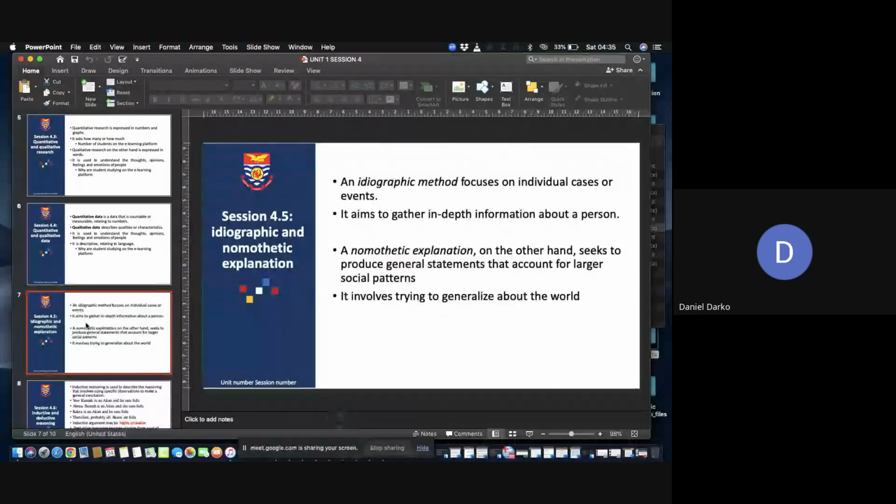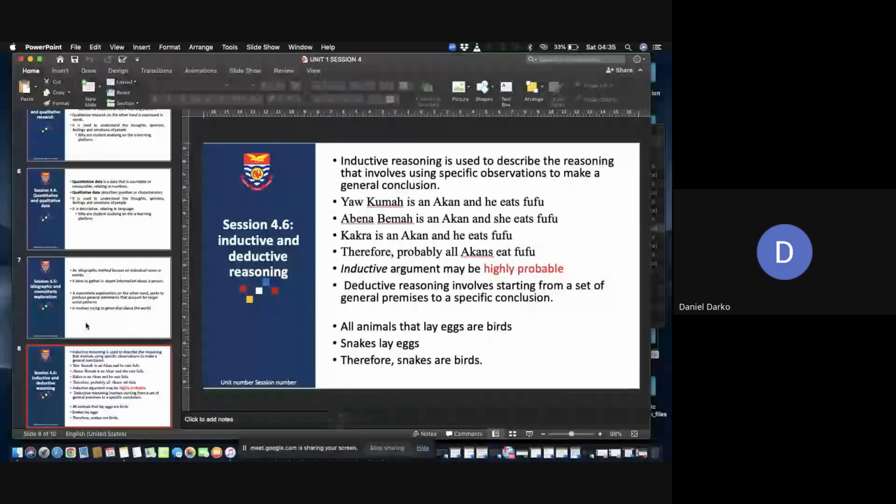So you realize that there's a pattern: idiographic, qualitative; nomothetic, quantitative. They have similar traits. Then we also have another dialectic called inductive and deductive reasoning.